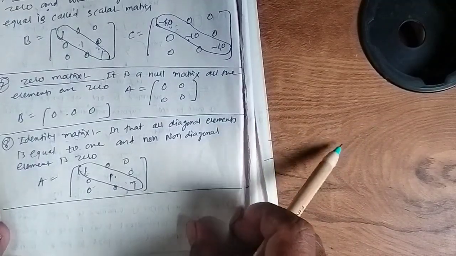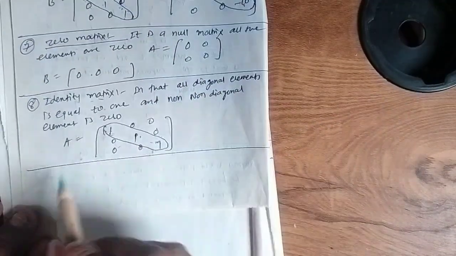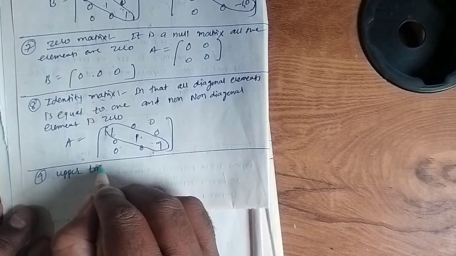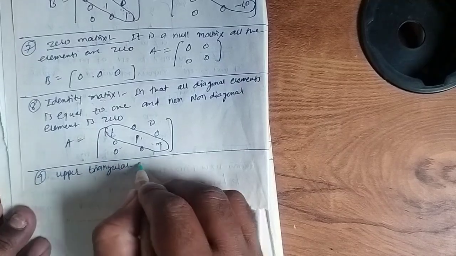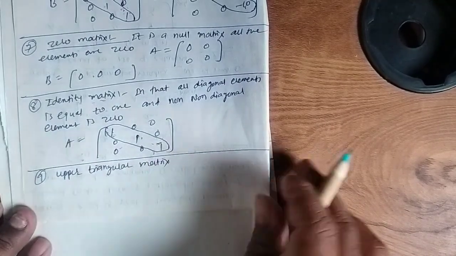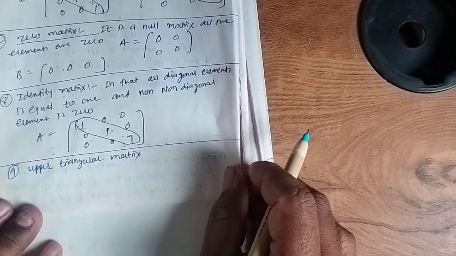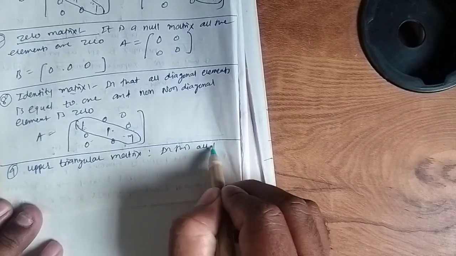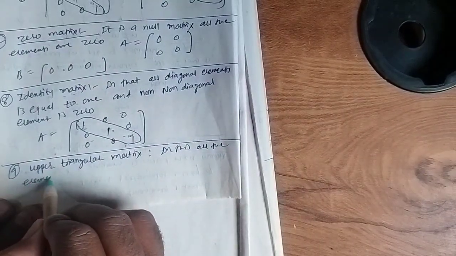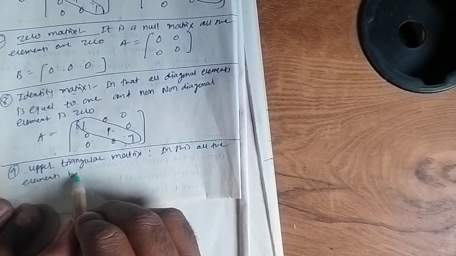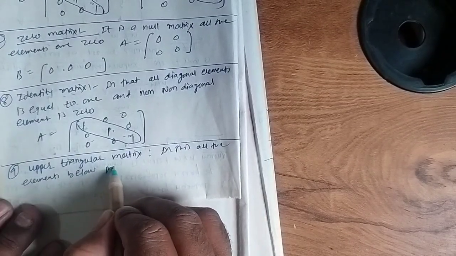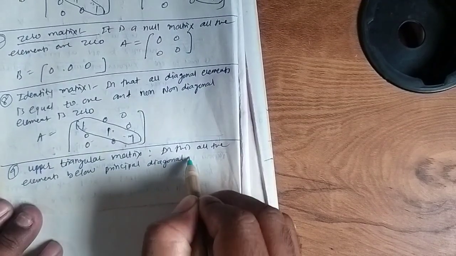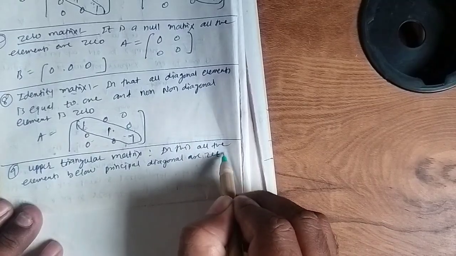Next matrix is upper triangular matrix. In this, all the elements below the principal diagonal are 0.